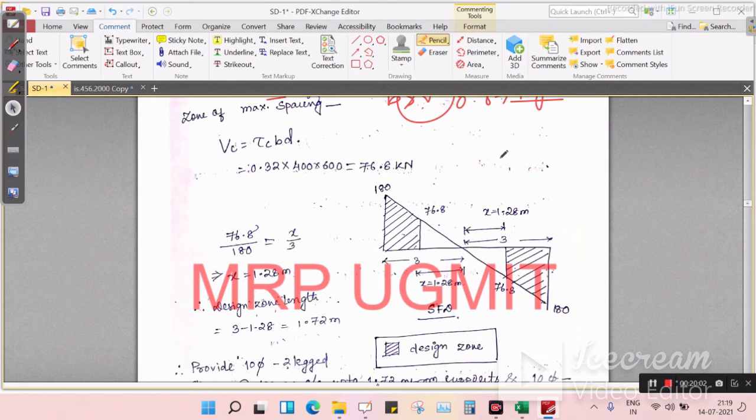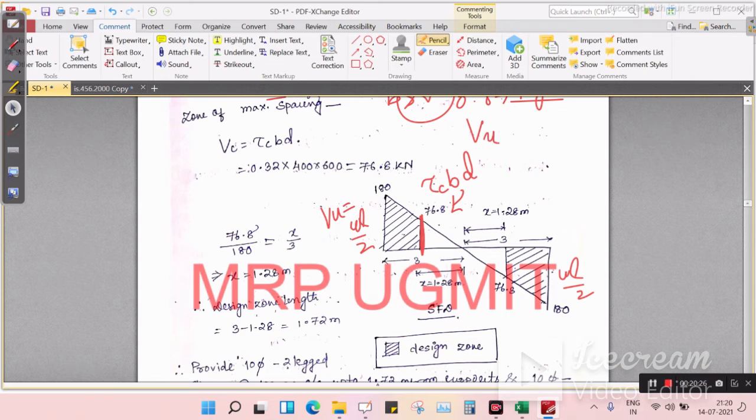So as this is a UDL beam, our shear force diagram is like this. This is our wL by 2 value. Okay, so this is our Vu and this is our tau cv d.